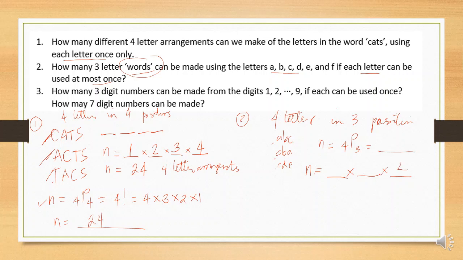So we can use four letters here, and then since we can only use one letter at most once, this is 2 and this is 3. This is 24 words.